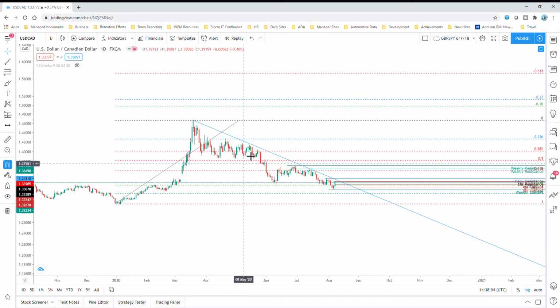So red to red, then you have green. So green is your 78.6 pullback, 78% of the original move the market took back. So that 78.6 area will take you to the 0.18 extension, right? So extension, pullback, and this is going to be the next extension, right?